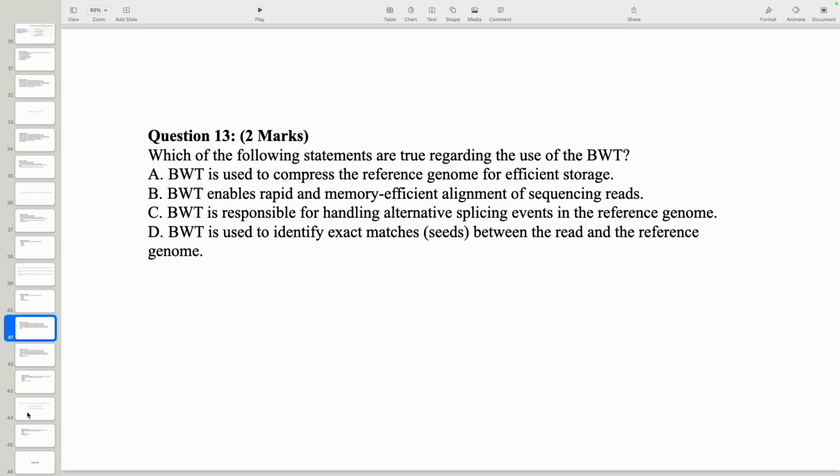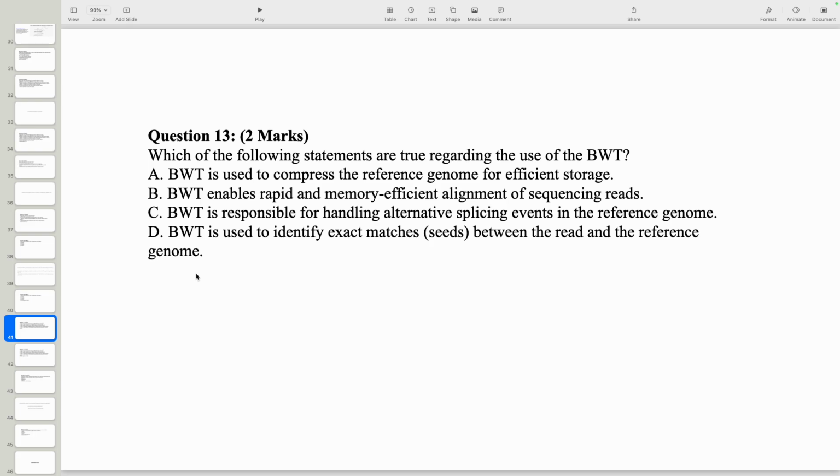The first option states BWT is used to compress the reference genome for efficient storage, which is the correct option, because in BWT we are storing just the BWT, and the first column and the last column of the sequence. So I'll not go through how that last column is being made, because we have already covered it. So we add the dollar sign at the end of our sequence, then we rotate our sequence.